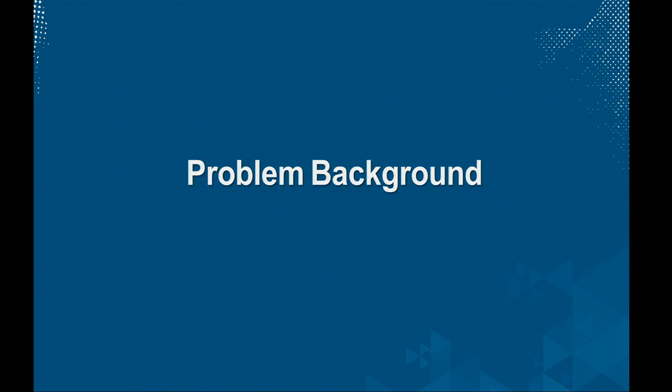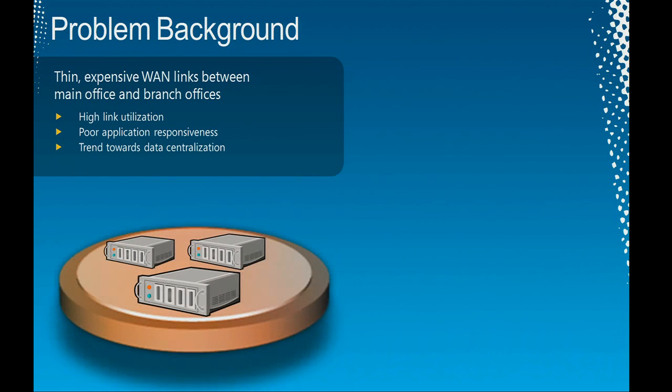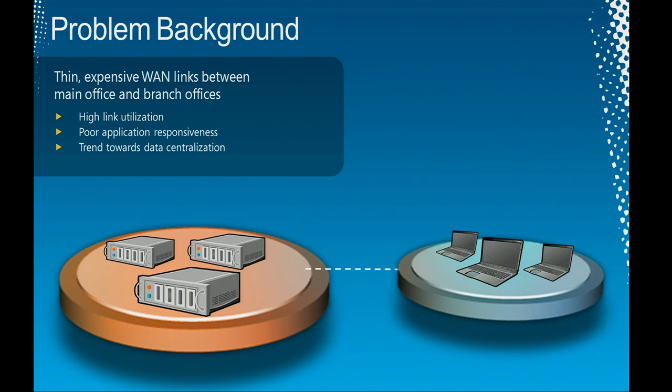So, the problem background. At the end of the day, why did we do this? A lot of organizations have head offices and, of course, expand out to branches. The thing with expanding out to branches is you've got to put in a WAN link, and WAN links are expensive. They may be cheap in certain areas of the geography and very expensive in others.